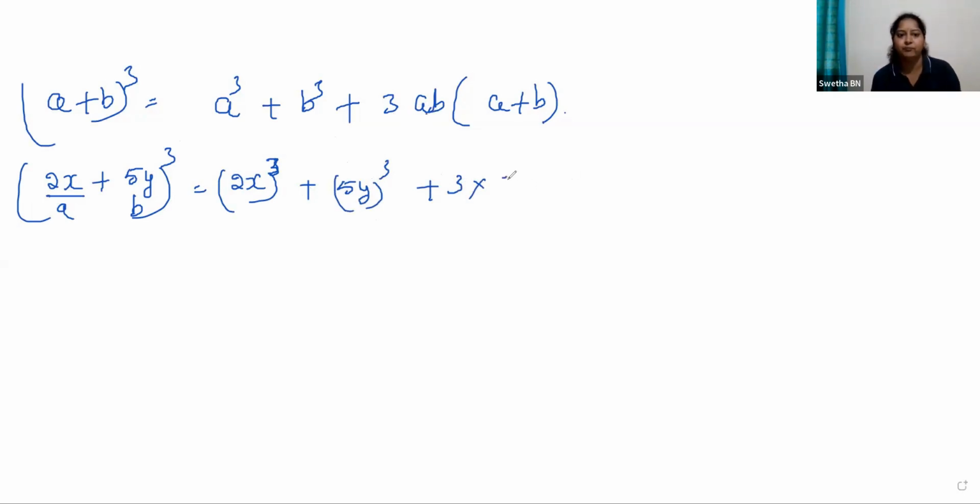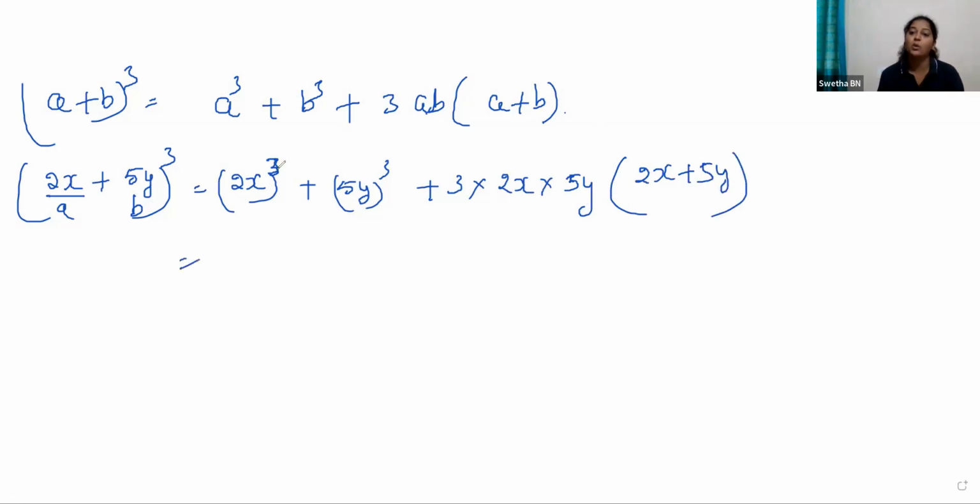What is a here? 2x, b is 5y, put bracket a plus b, that is 2x plus 5y, right? What is 2x whole cube? Cube means you have to multiply 3 times, right? 2x into 2x into 2x. So 2 2s are 4, 4 2s are 8.